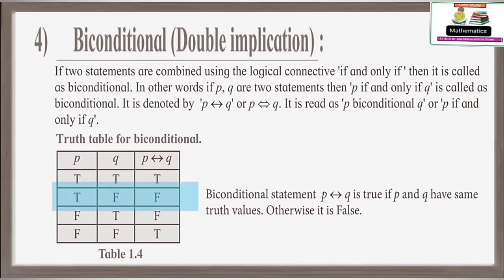Second, if P is true and Q is false, then P biconditional Q is false. Third, if the first statement is false and the second is true, then P biconditional Q is false. And last, both are false, then P biconditional Q is true.